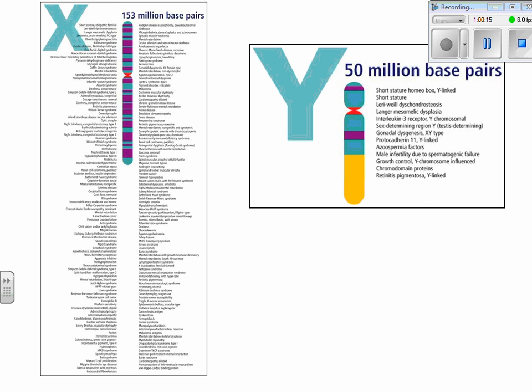This has some really interesting implications, because particular conditions that are carried on the X chromosome depend on which one you've got functioning as to what will actually happen. It's one of the reasons that you can get significant differences, particularly between female identical twins.